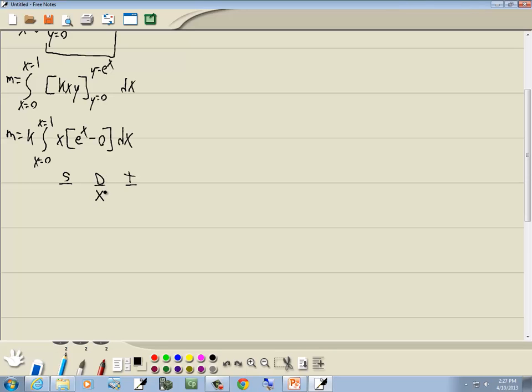It's a part that when you take a derivative, it'll disappear. The derivative of e to the x is e to the x, so it would never disappear. Well, the derivative of x is 1, and the derivative of 1 is 0. This always starts at plus, minus, plus. And the integral of e to the x will go there. The integral of e to the x is e to the x, and the integral of e to the x is e to the x. And this is the flow of our table.